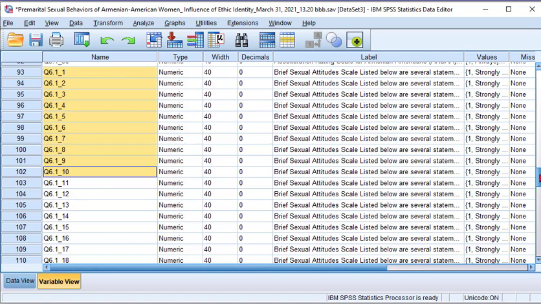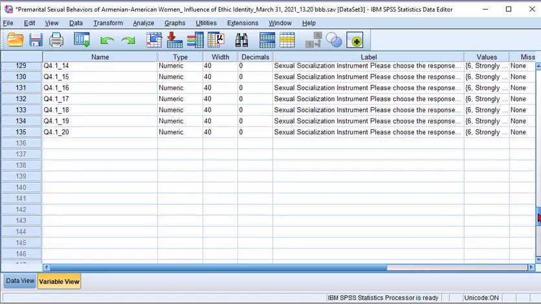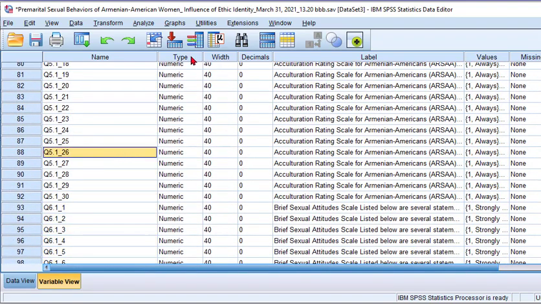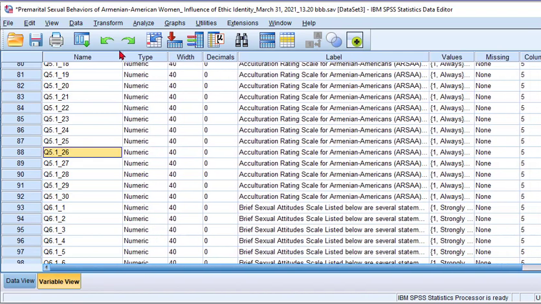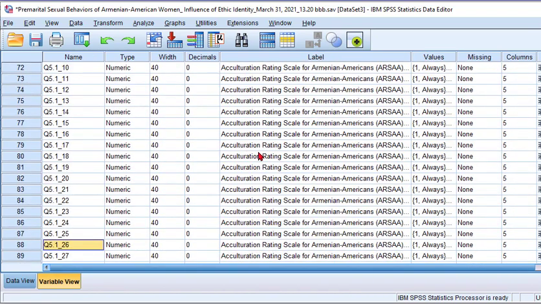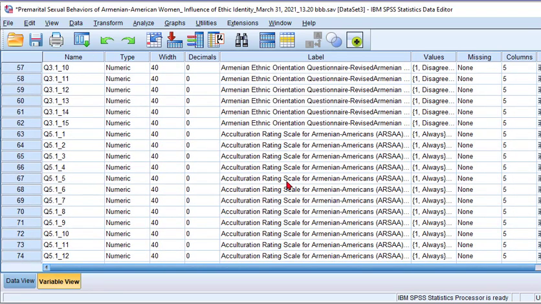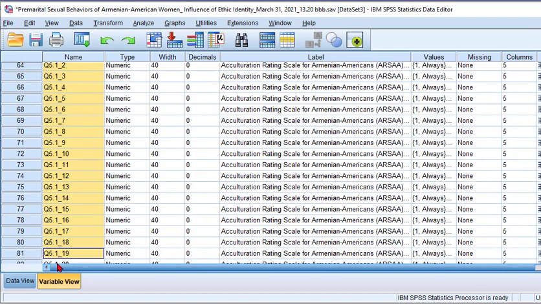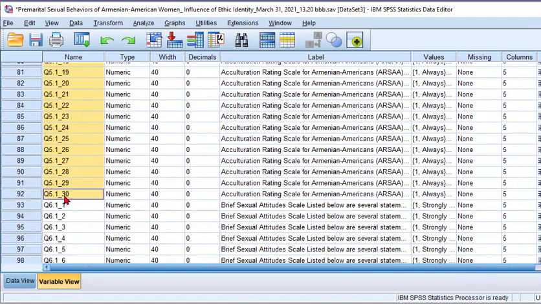All right. So what do you want to do? We want to make a new variable. Okay, so one variable. You said you had one variable that measures their acculturation. Right. Now I can add these up and make a new variable that's the sum of these or the mean of these, whichever way you want to apply there.